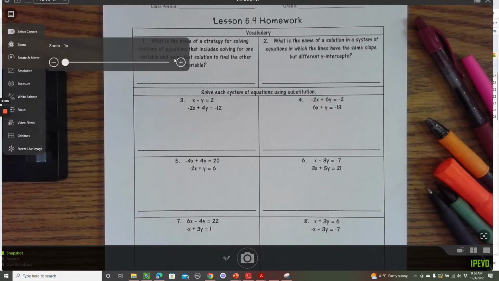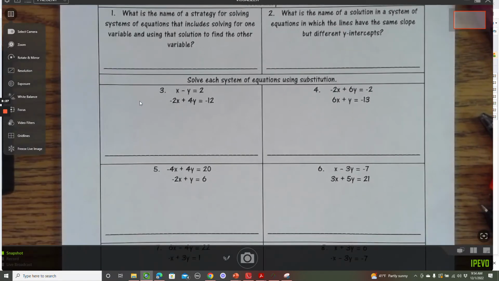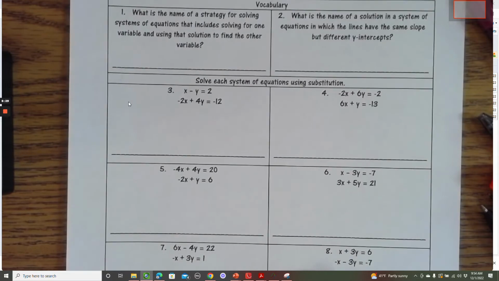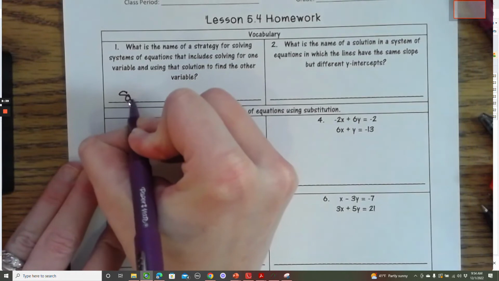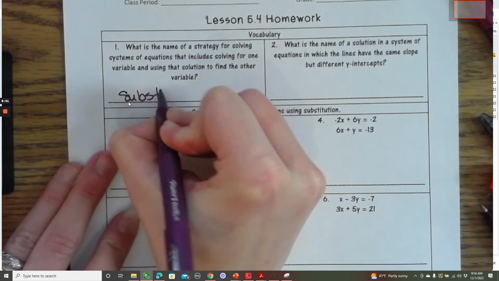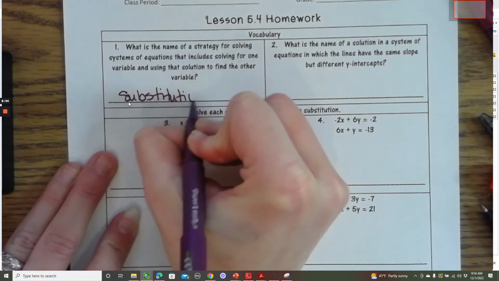All right, so now we're picking up with the 5.4 homework. Number 1, what is the name of a strategy for solving systems of equations that includes solving for one variable and using that solution to find the other variable? This is called substitution.